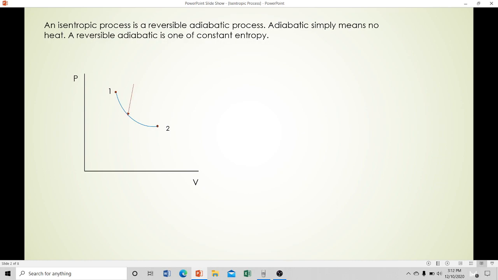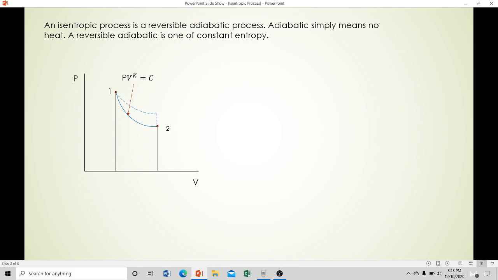The isentropic process, or special case of an adiabatic process, can be expressed as PV raised to K is equal to constant. And it is a little bit different from the isothermal process.